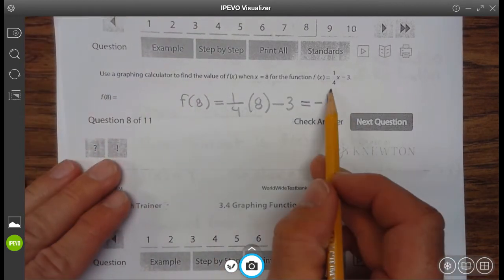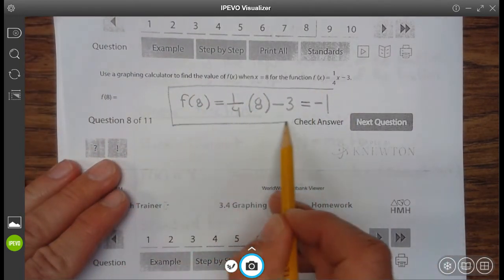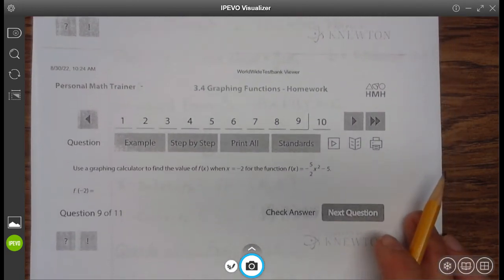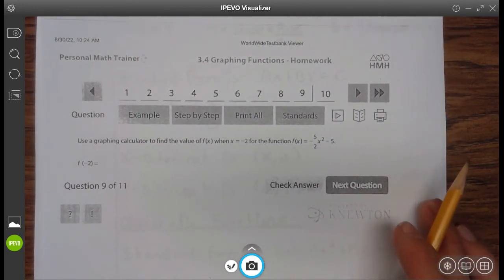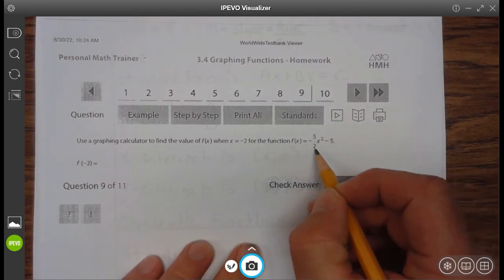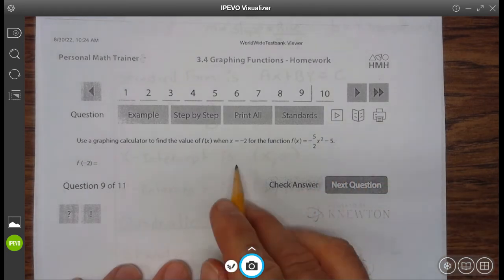All right. Let's take a look at example 9. Using a graphing calculator, find the value of f of x when x equals -2 for the function -5 divided by 2 x squared minus 5. So we're going to plug -2 in for x.